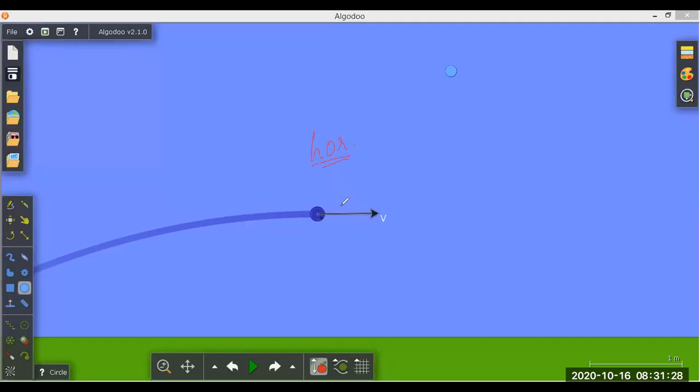At the highest point, velocity vector is horizontal. Not only that, we have vy is equal to 0. Is this clear?